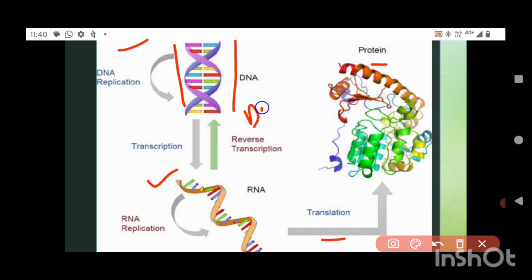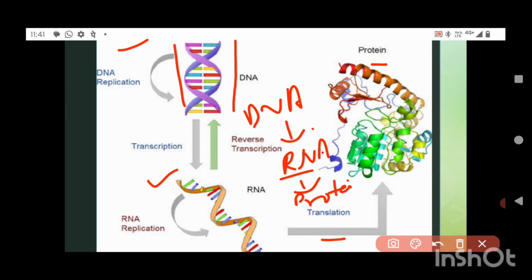So the sequence is DNA to RNA to protein. During translation, the various amino acids get assembled and produce the protein molecule. This describes how genetic information flows from DNA to RNA by transcription, and then from RNA to protein via translation.